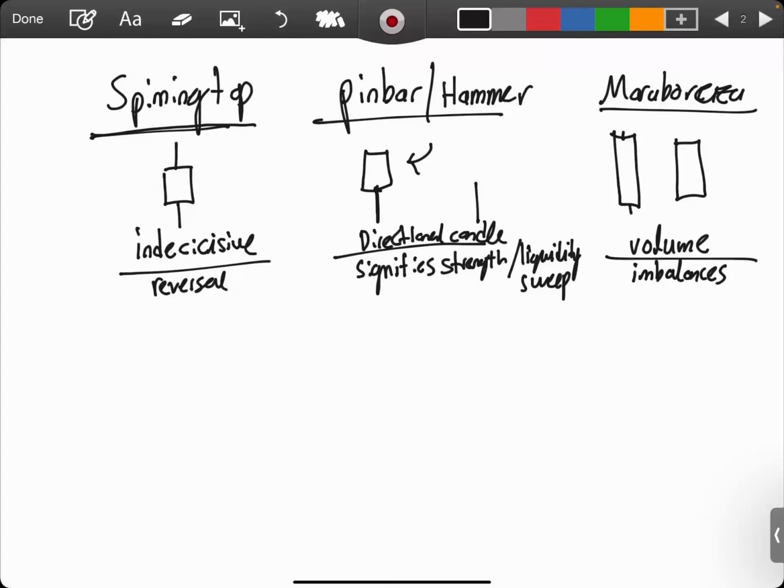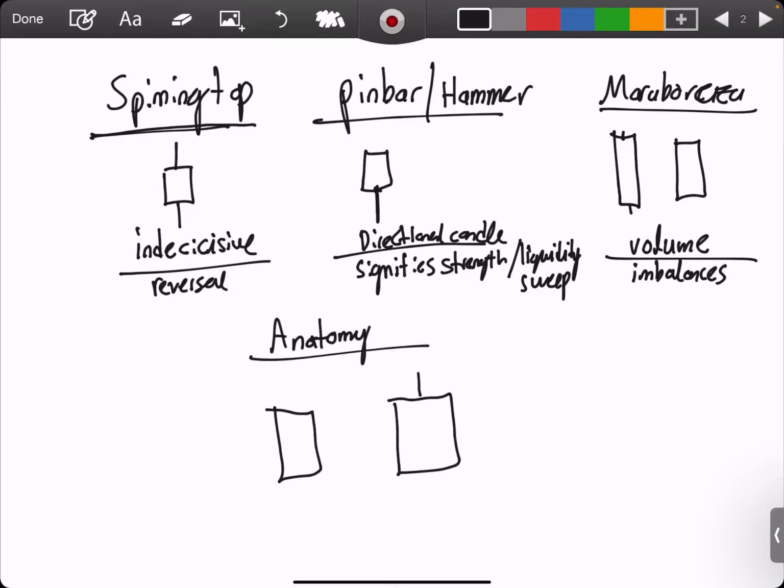All right, now we can break down this psychology even further by just talking about the basic anatomy of the candlestick itself. So we have red candles, which signify downwards bearish price action.